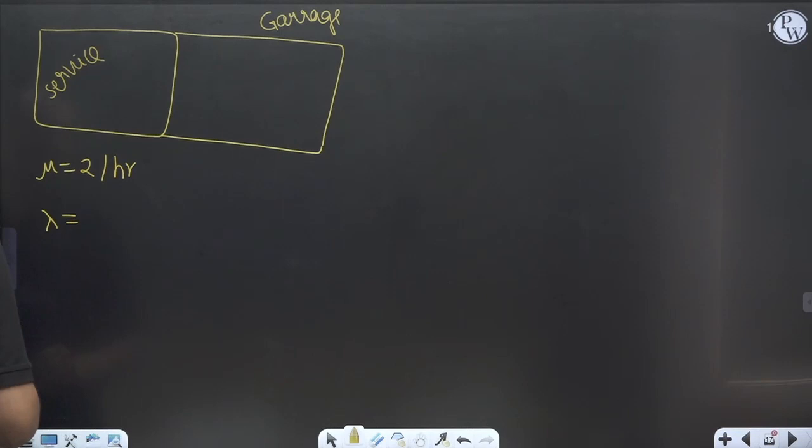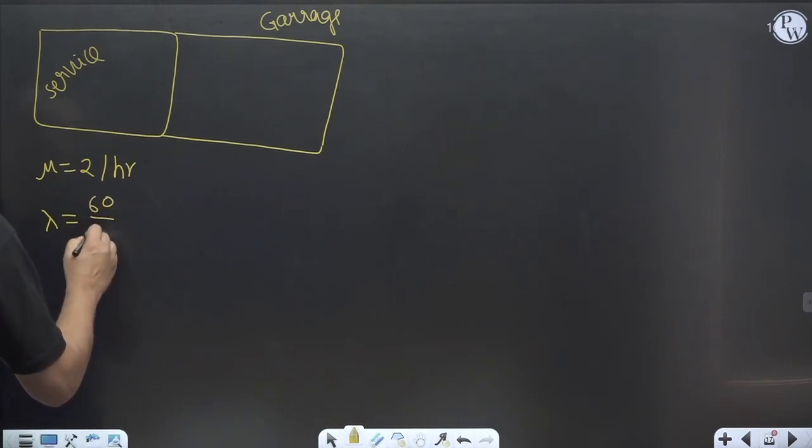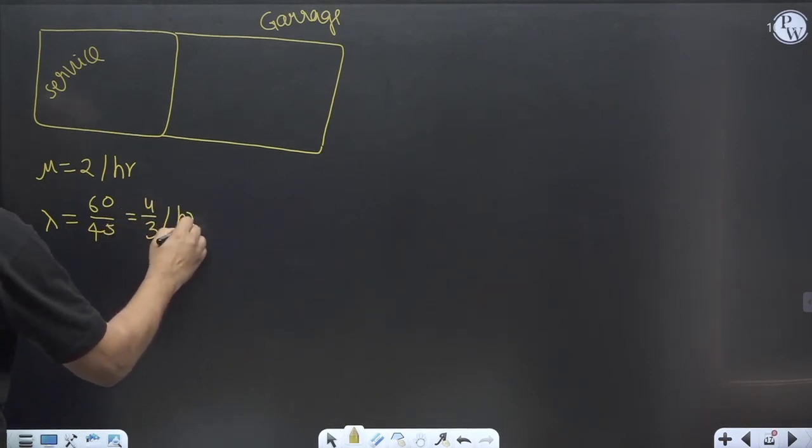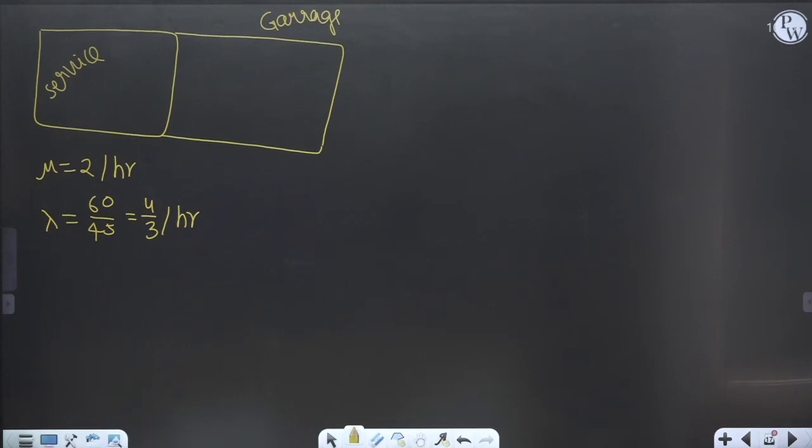Lambda is 60 by 45, which comes out to be 4 by 3 per hour.